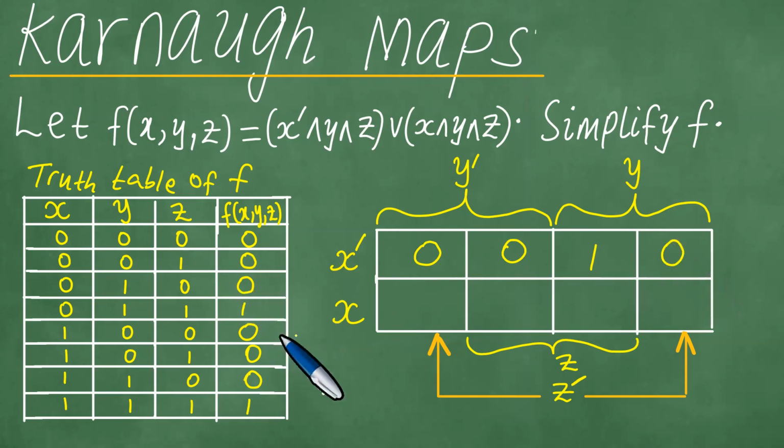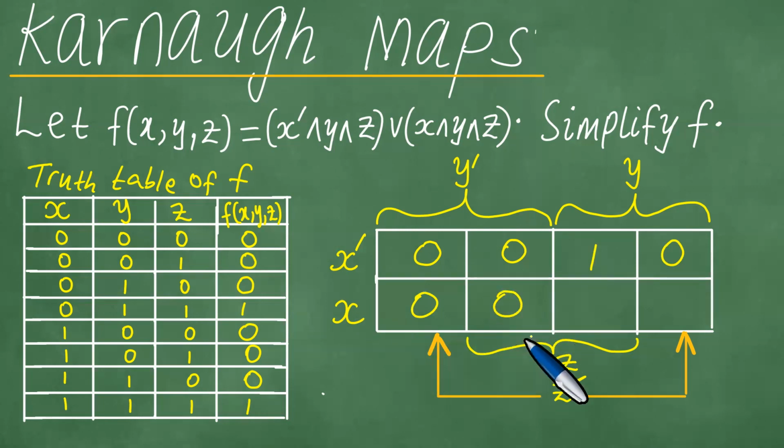Next, you come to this one, which is 1, 0, 0, and that is a 0. Then 1, 0, 1, because it's X, Y primed with Z. 1, 0, 1 is a 0.